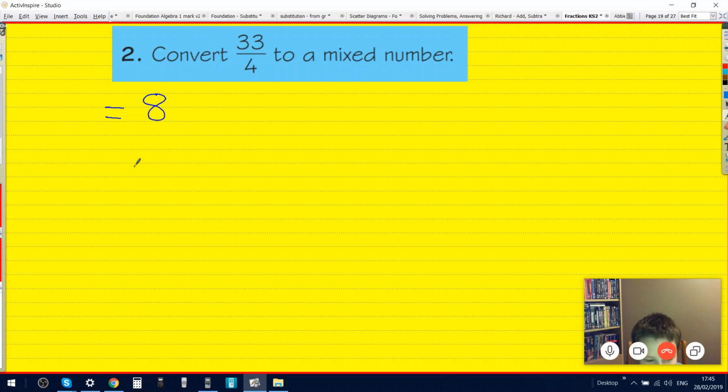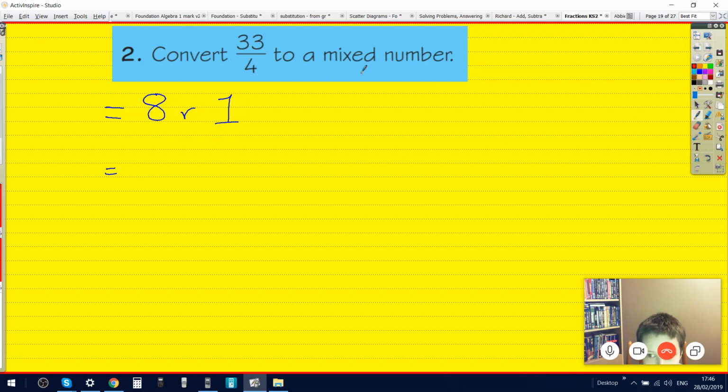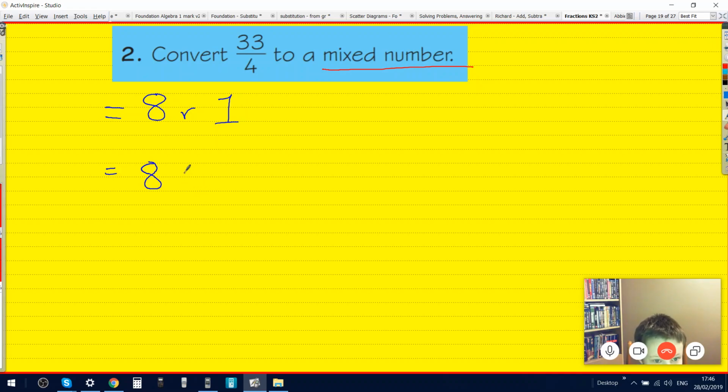So we get 8 remainder 1. So to write it as a mixed number, I think it's 8 and 1/4.